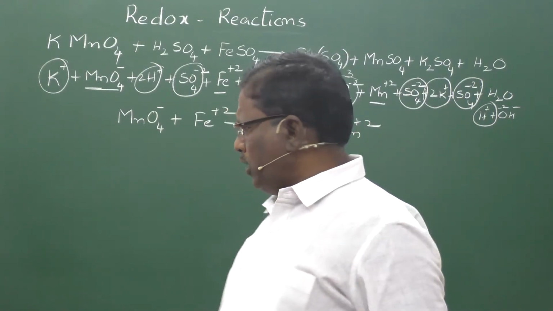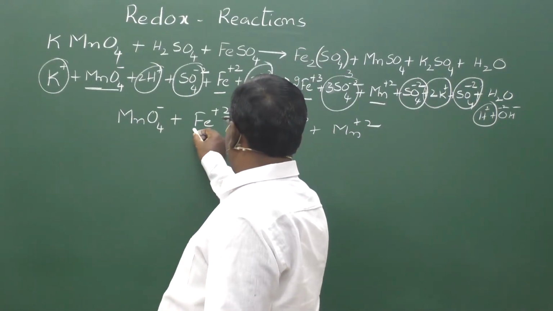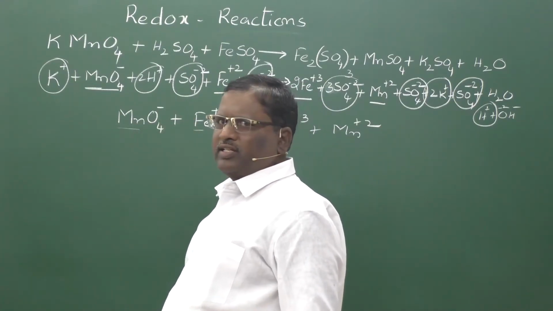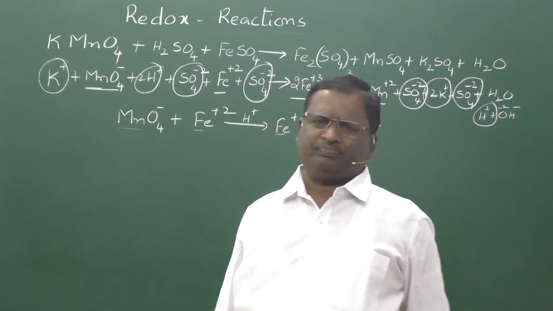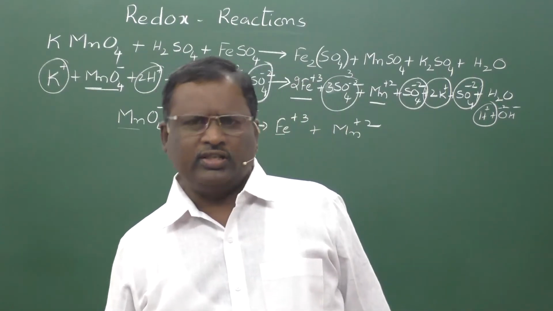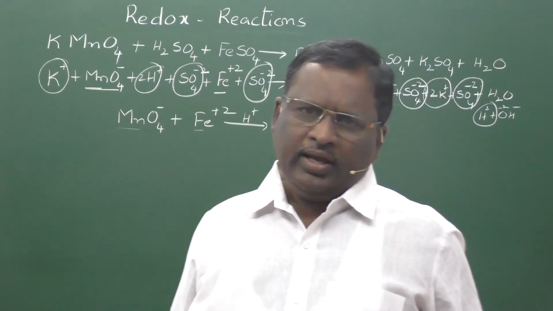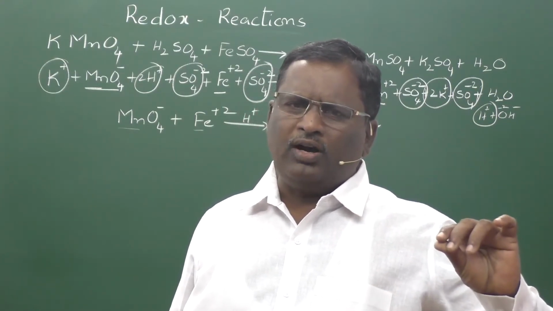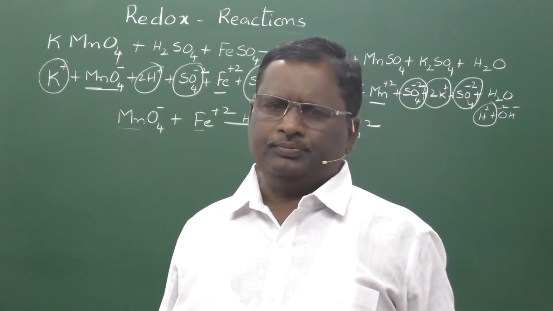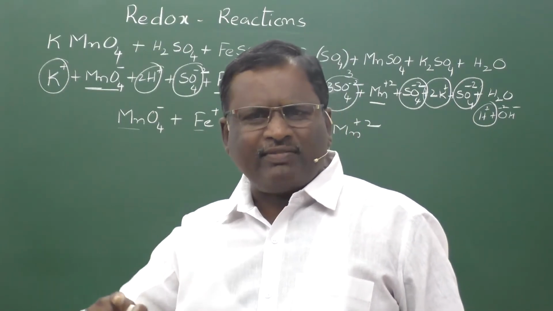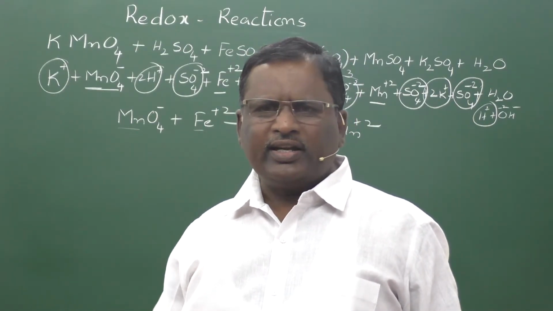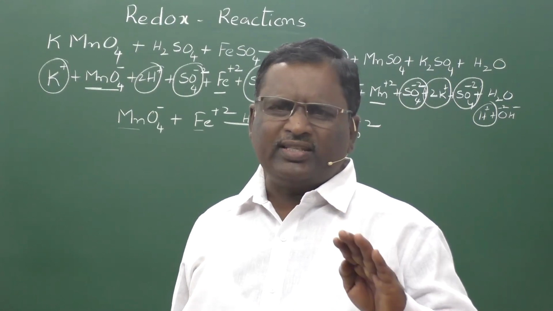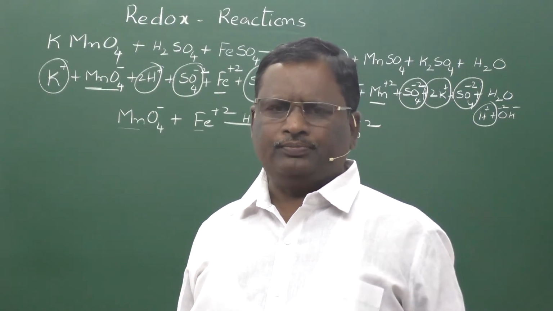Some of you may have a doubt: sir, here you write Fe plus 2 and Fe plus 3, so why don't you write Mn plus 7, as its oxidation state is plus 7? It may be a valid question, but here Mn can exist only in the Mn plus 2 state. In the plus 7 oxidation state, it cannot exist. There is no existence of Mn plus 7.